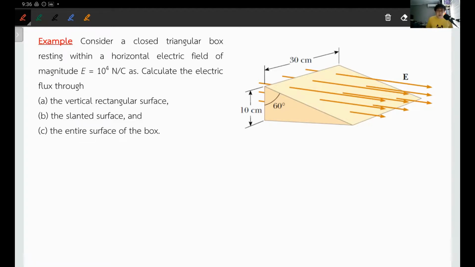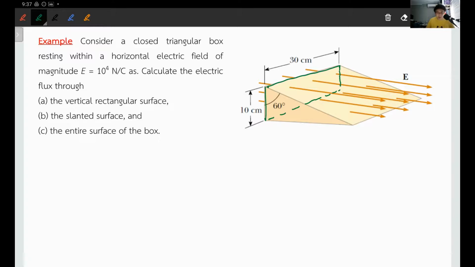Calculate the electric flux through the vertical rectangular surface. Let's start with part A. Let me highlight that surface here. It's this surface right here. That's your vertical surface. You guys help me calculate the electric flux through it.